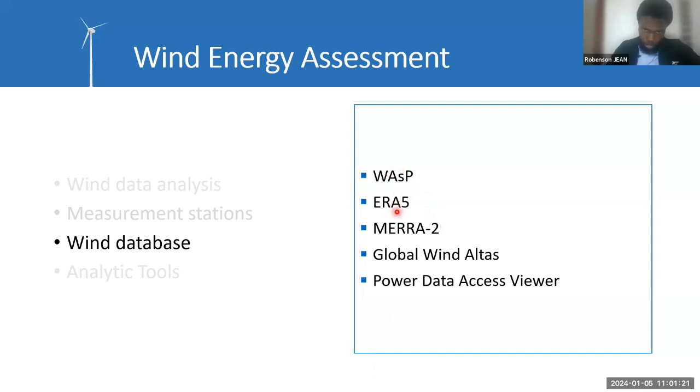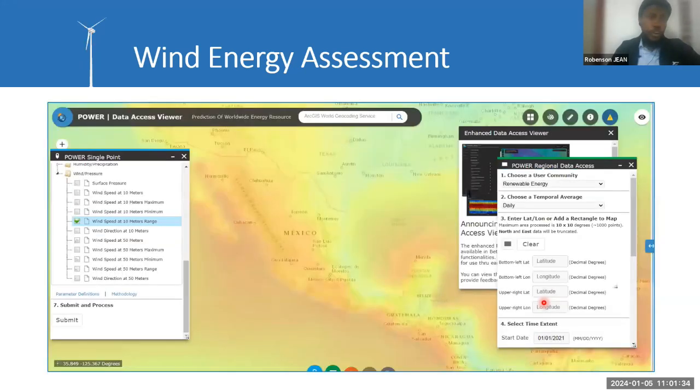There are MERRA-2, ERA5, Global Wind Atlas, and the Power Data Access Viewer. This is NASA's feature, and here, for instance, we have the interface of the Data Access Viewer.